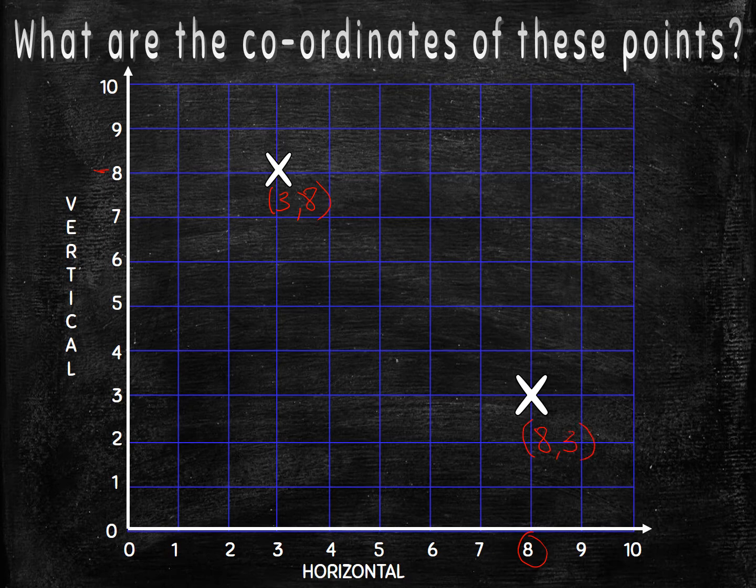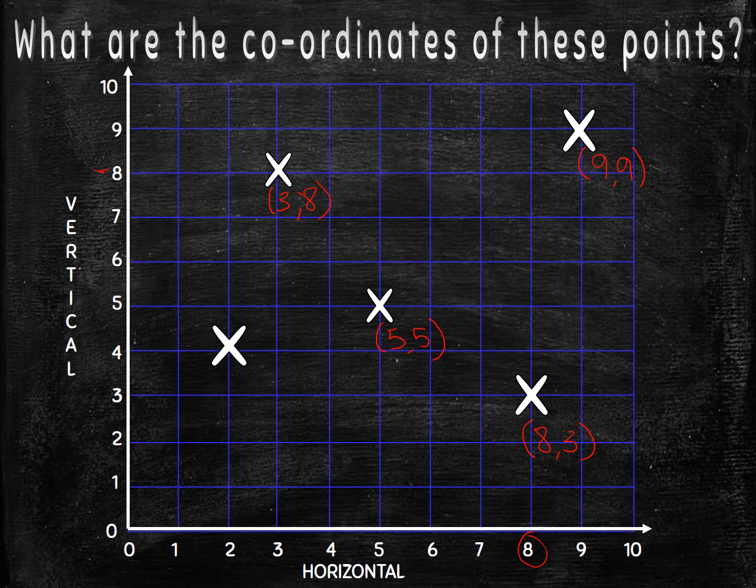We'll have a look at a lot of these. We've got 2 points here, so we'll do the 2 of them. So this point there, we've gone across to 5 and up to 5, so the point is (5, 5). This point here, we've gone across to 9 and up to 9, so the point is (9, 9). Do remember the brackets outside as well to show that it's a coordinate.